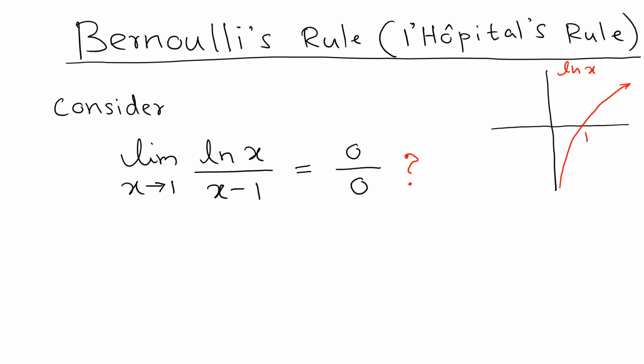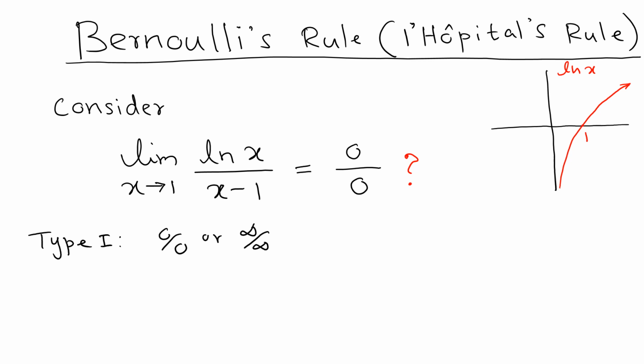So what we can do is break this into 4 different types. Type 1 is 0 over 0 or infinity over infinity. It can be positive or negative infinity, so we don't worry about the signs. It's one of the infinities.